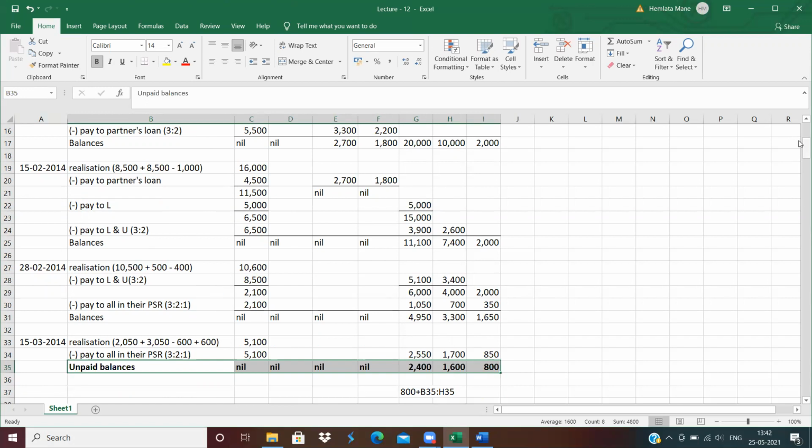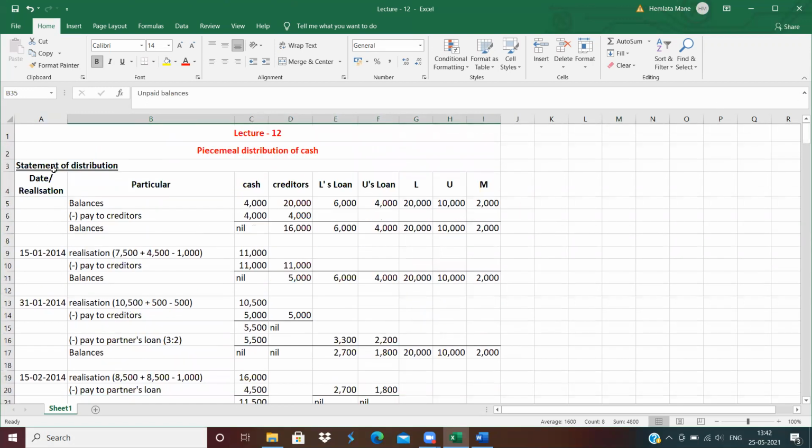Okay, all of you know how to prepare the columns: debit, particulars, cash. These three columns are common, and then prepare the columns of liabilities. Accordingly, whatever cash amount is available, pay that cash for the settlement of liabilities.